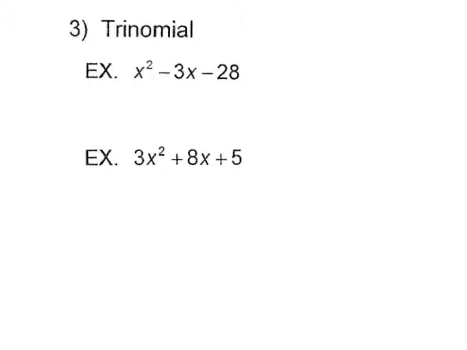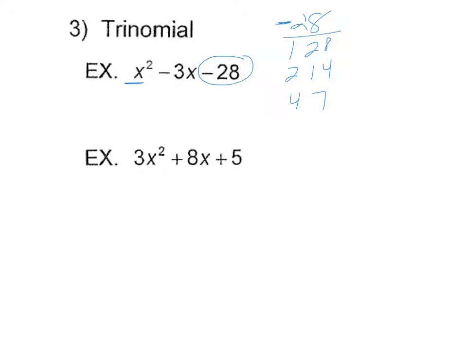Trinomials come up often. So for the first example, trinomial just means it's made up of 3 terms. If you don't have a number in front of your x squared, it's a much quicker and easier problem. So I look at the back term, negative 28. I think of all the things you multiply to get 28: 1 and 28, 2 and 14, 4 and 7.